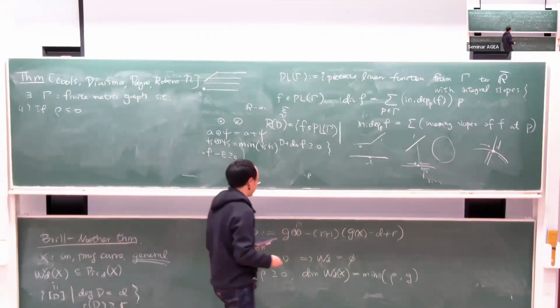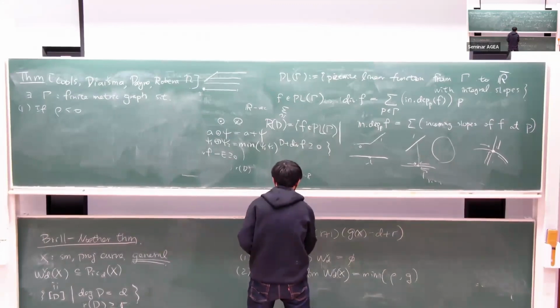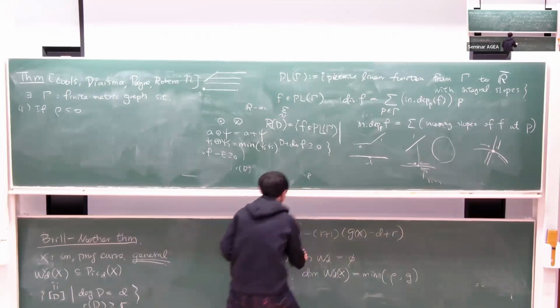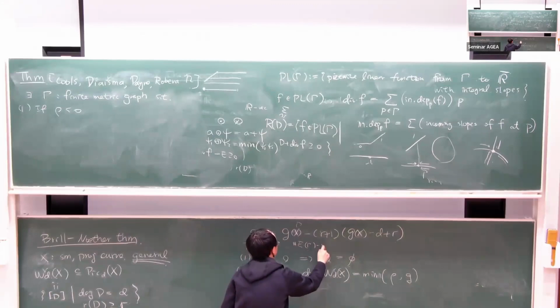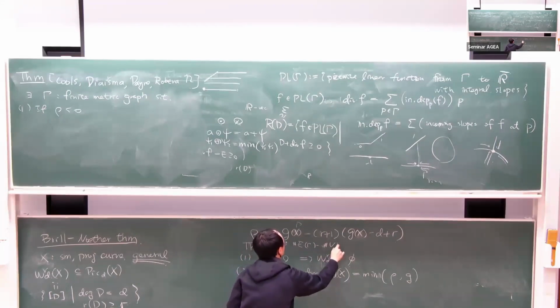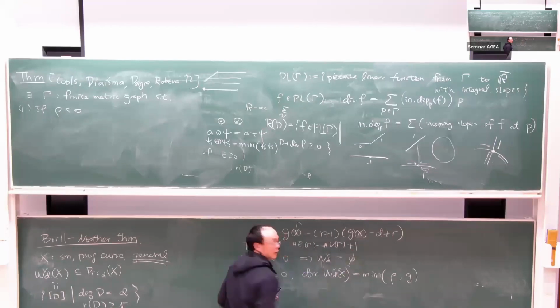So it's defined to be the number of edges minus the number of vertices plus 1.